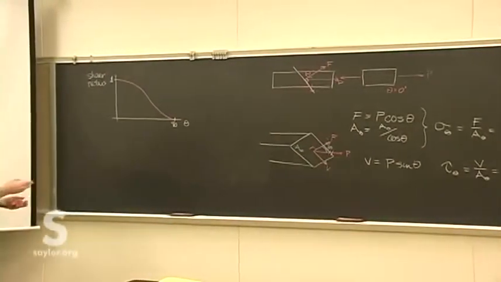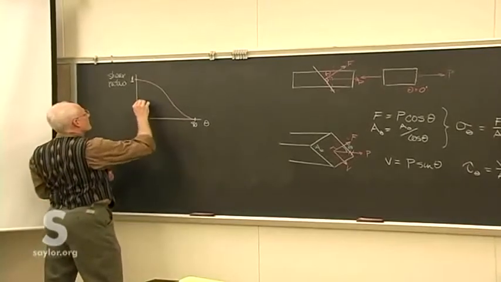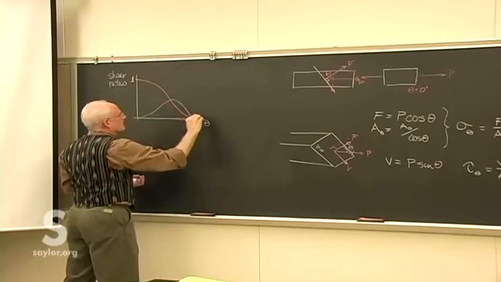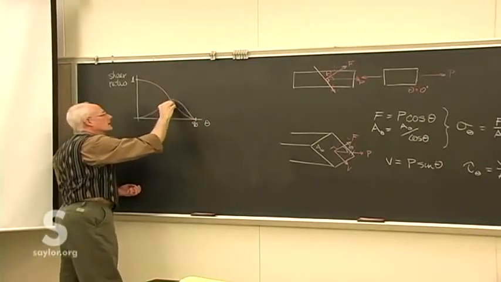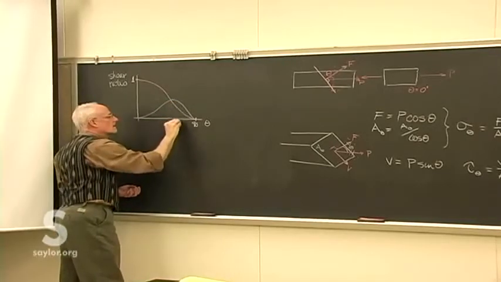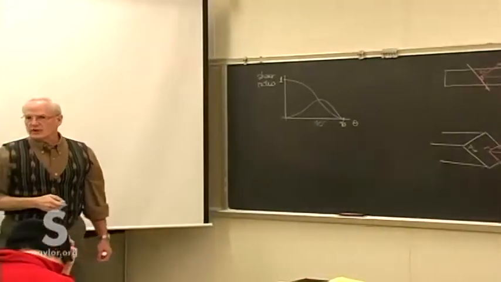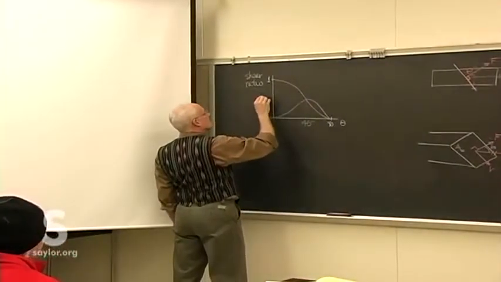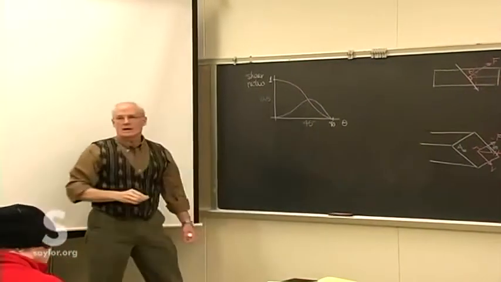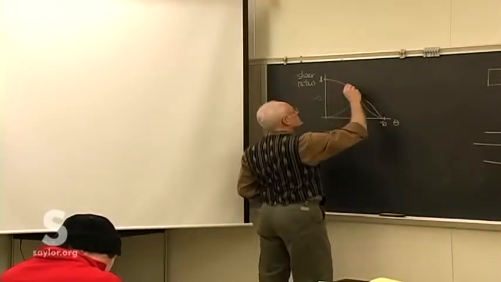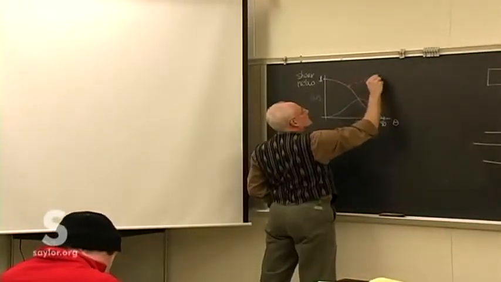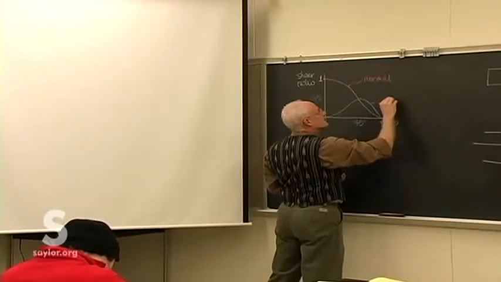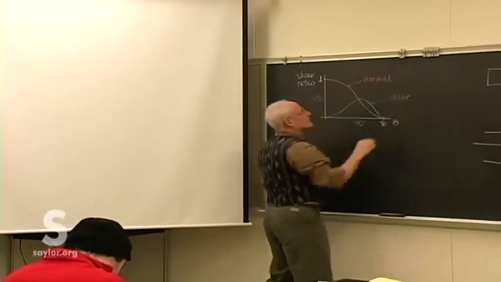That has a bit of a different response to it, does something like this, where at 45 degrees it reaches a maximum, which also happens to be the place where it crosses the other shear stress or shear ratio curve, that being the normal response, this being the shear stress response.